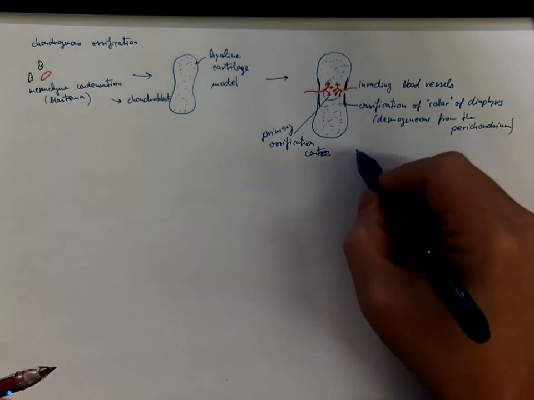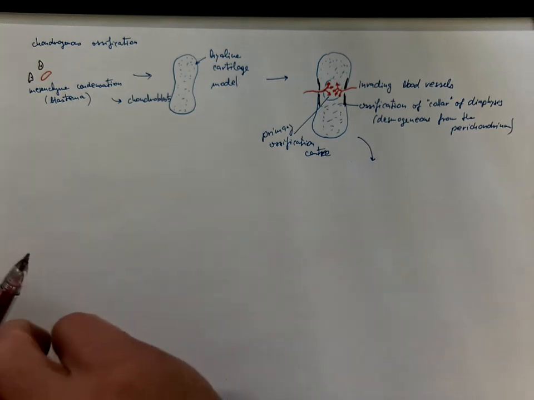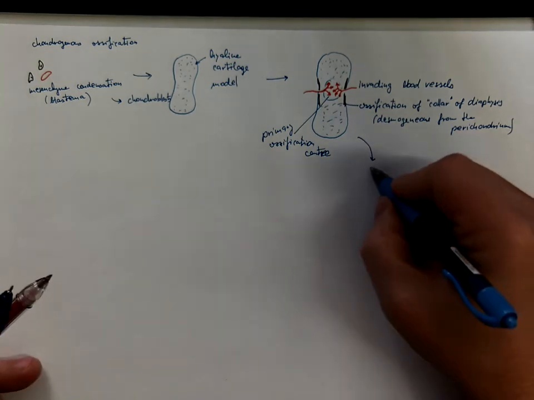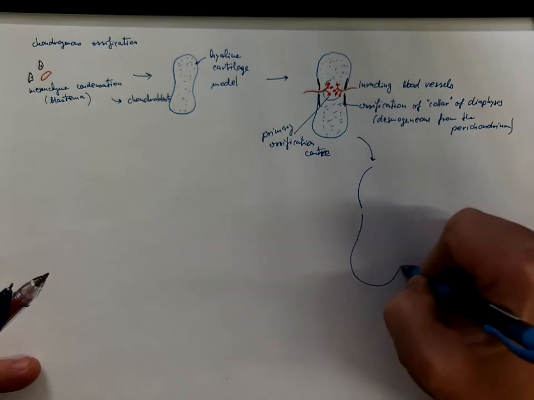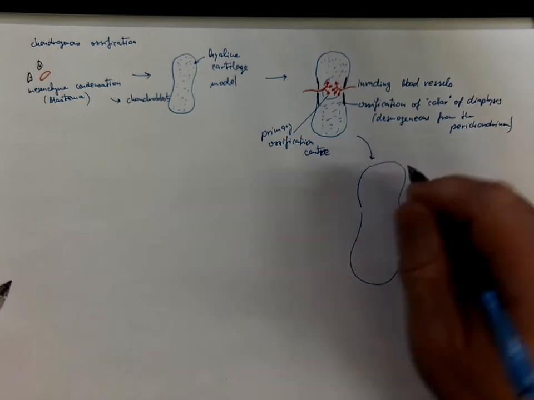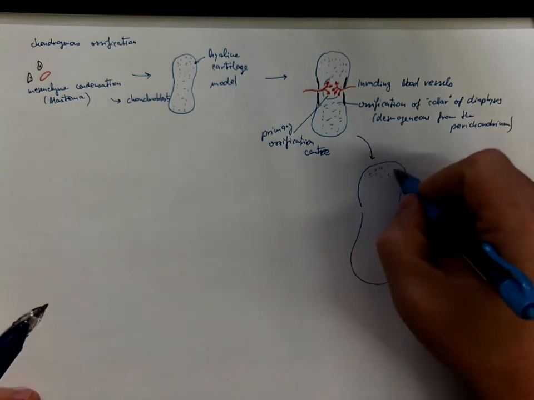Okay. The next step: the hyaline cartilage persists in epiphysis.